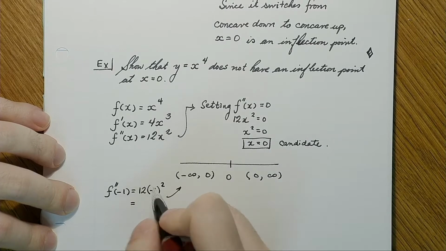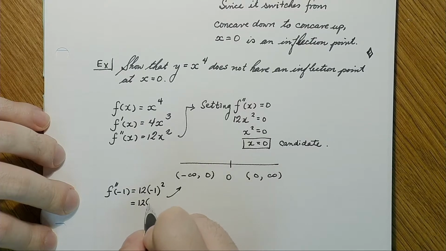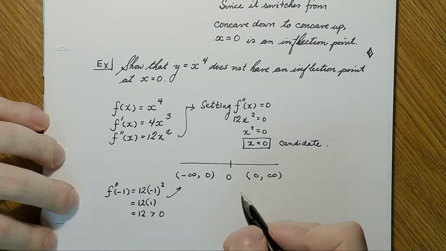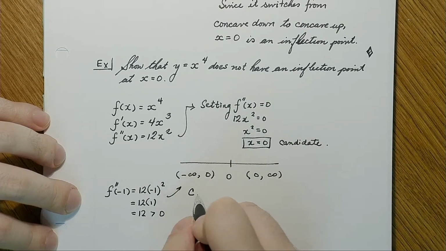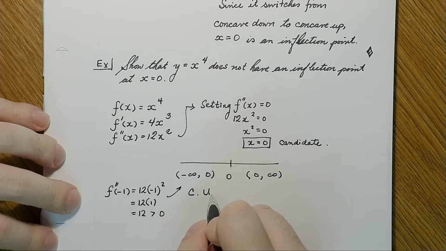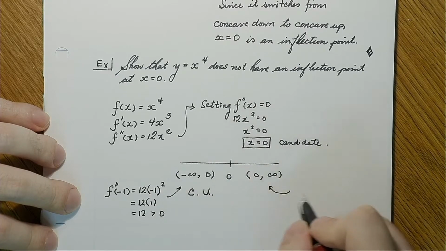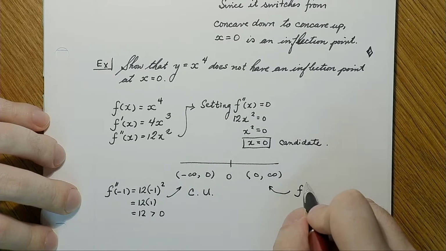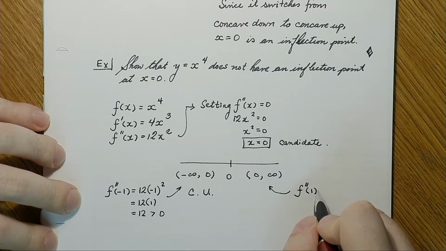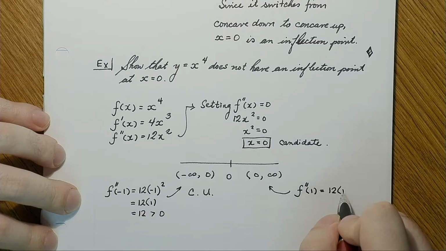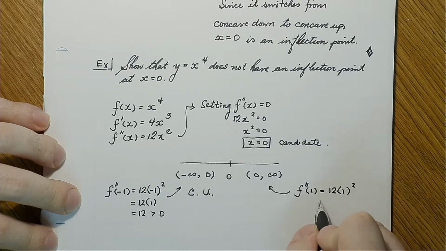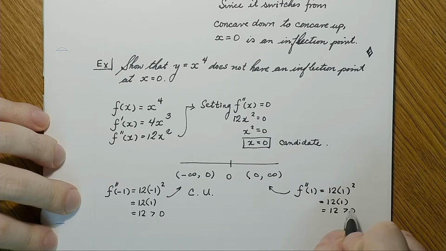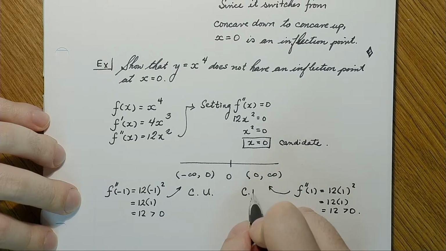It's that squared that's going to make it positive, so I get 12 times 1, which is 12, which is greater than 0. So again, this is concave up. And then over on this side, this is at 1, let's pick something easy. And again, 1 squared, that's still 1, 12, and that's still greater than 0. So again, this is concave up.